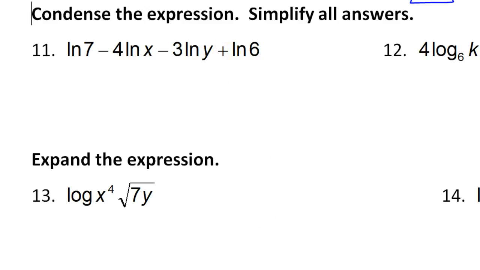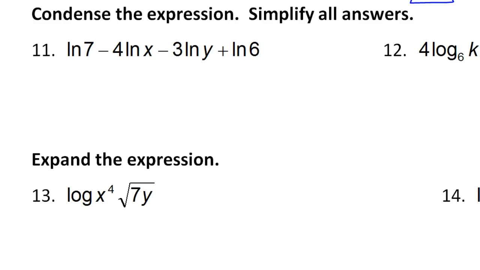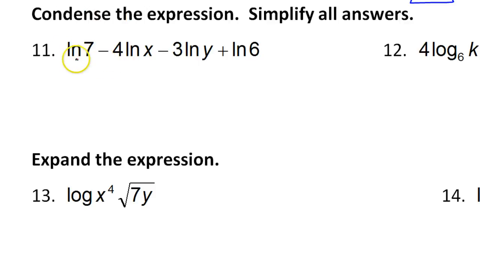That means we're going to be using a combination of the product property and the quotient property. An easy way to look at this is any term here that's positive is going to give us a factor in the numerator. So this is positive and this is positive. So I'm going to have a 7 and a 6 up top in the numerator.